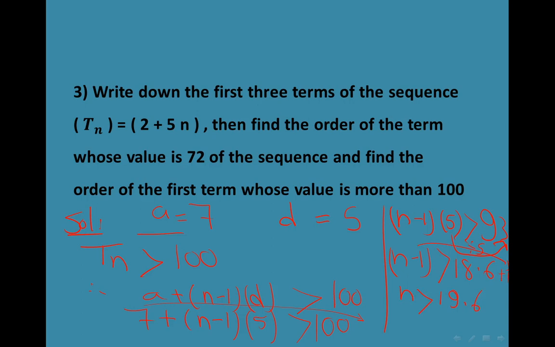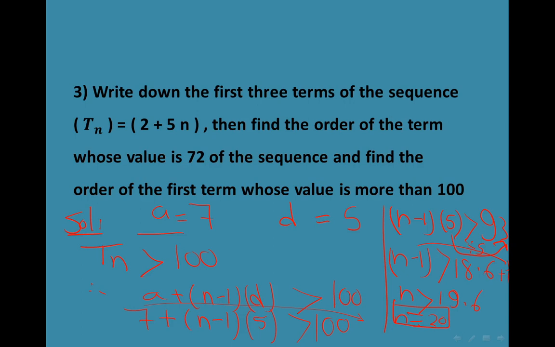Here n is more than 19.6, therefore n equals 20. The first integer which is more than 19.6 is 20. Therefore, T20 is the first term which is greater than 100.